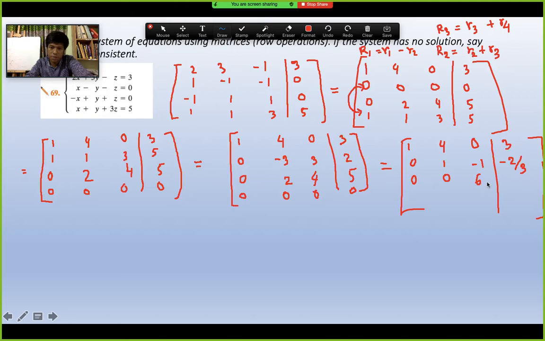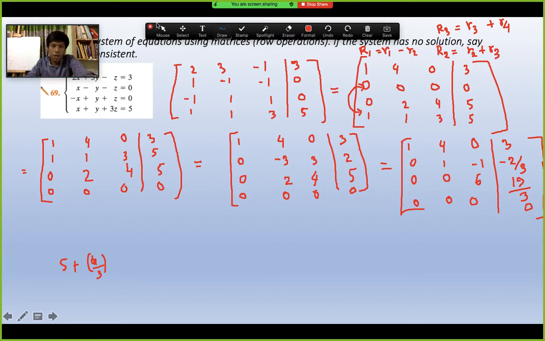Then 5 minus 2 times -2/3 becomes 5 plus 4 by 3, which is 15 plus 4, that means 19 divided by 3. And this line is 0, 0, 0, 0.